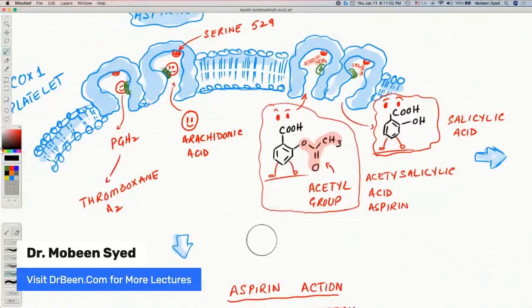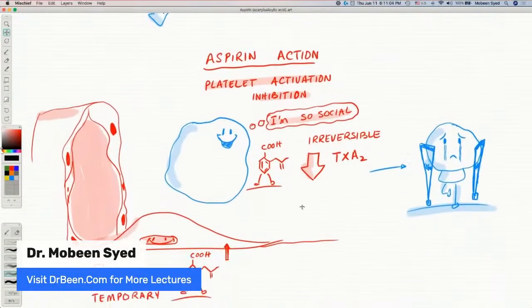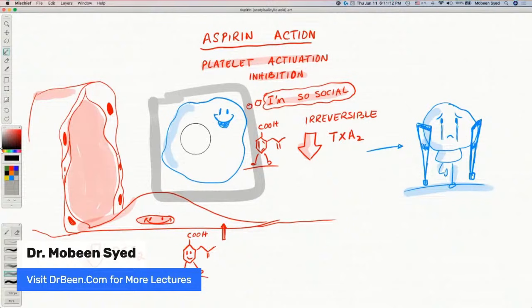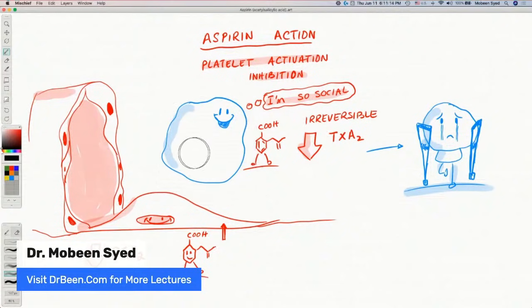Now, what is the result of this function? Look here, this is a very interesting thing. Look at two characters in this diagram. One is the platelet here. We know that platelets make thromboxane A2. Thromboxane A2 is what activates them.